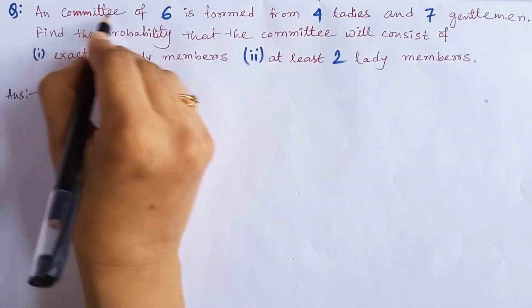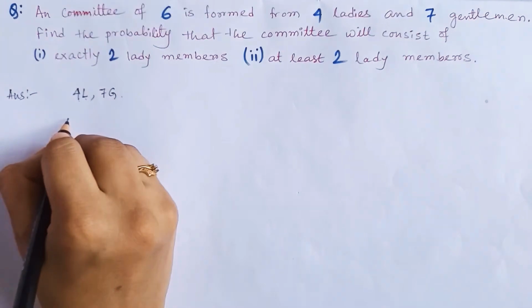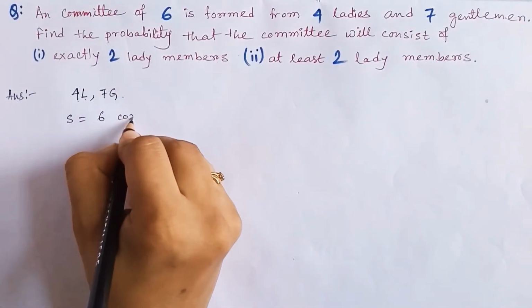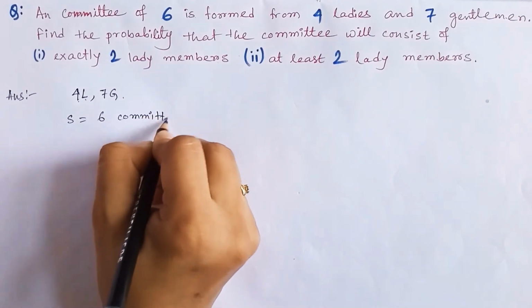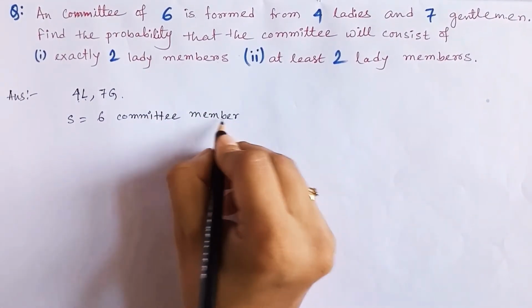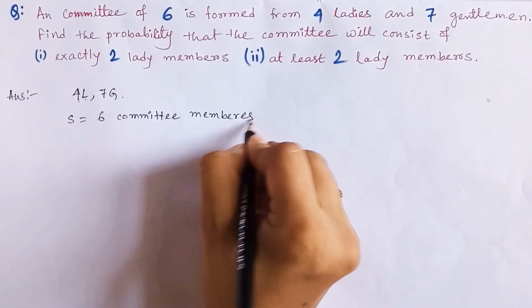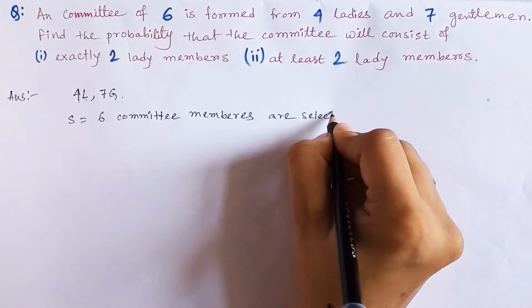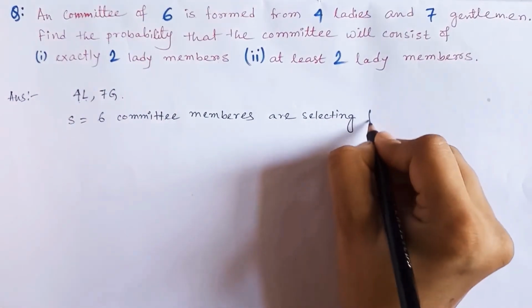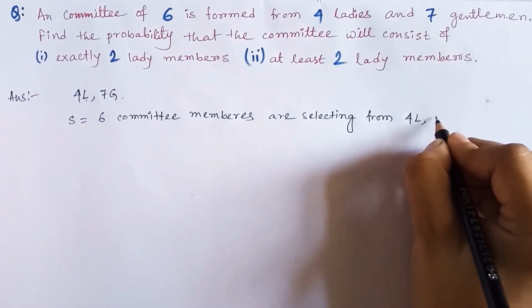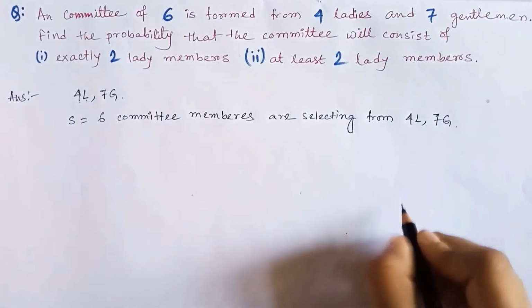Now a committee of 6 is formed. So S equals 6 committee members are selected from 4 ladies and 7 gentlemen.